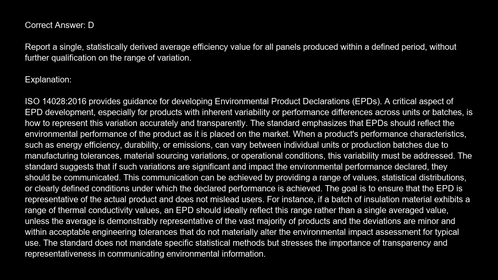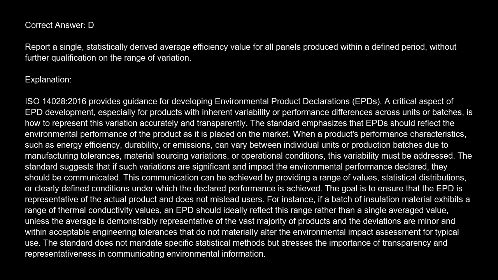The standard suggests that if such variations are significant and impact the environmental performance declared, they should be communicated. This communication can be achieved by providing a range of values, statistical distributions, or clearly defined conditions under which the declared performance is achieved. The goal is to ensure that the EPD is representative of the actual product and does not mislead users.